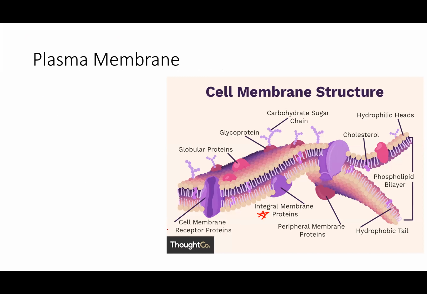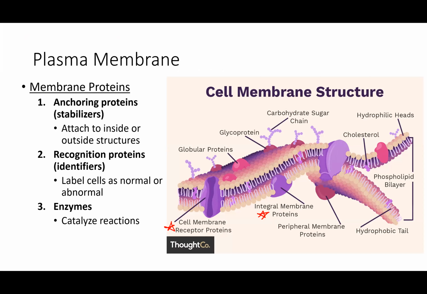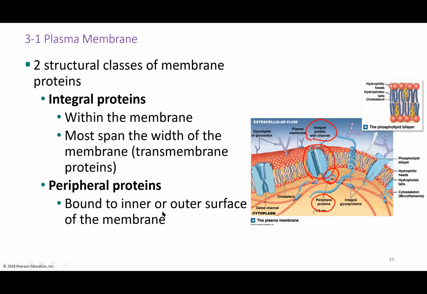You have a transmembrane protein right there. Okay, so functions of membrane proteins. One, anchoring proteins. And so these attach to the inside or the outside surface, which would make them integral proteins. If we back up, it would make them peripheral proteins.